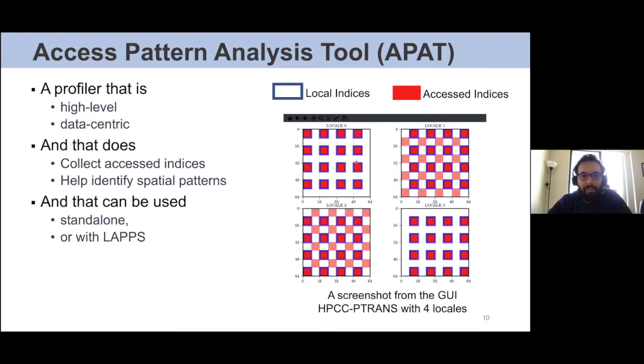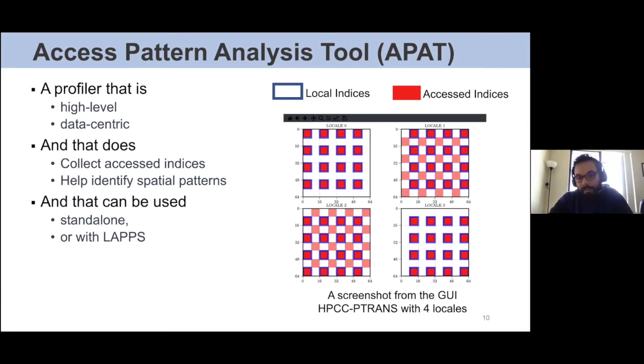You can see, for example, locale 0 and locale 3 are accessing all the indices that they own locally, so they are never doing any remote access, whereas locale 1 and locale 2 are doing some remote accesses. So this is a helpful way to understand the access patterns without digging too much into the code, which can get really complicated in real world cases.